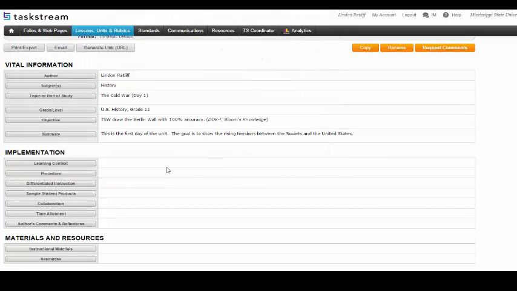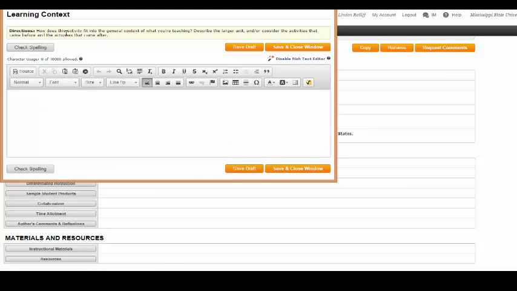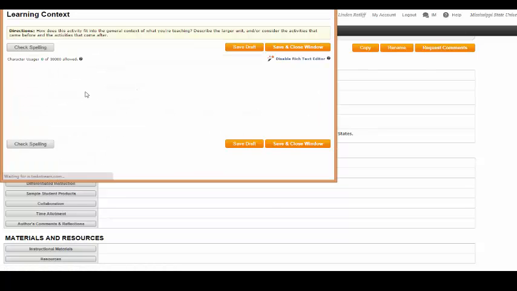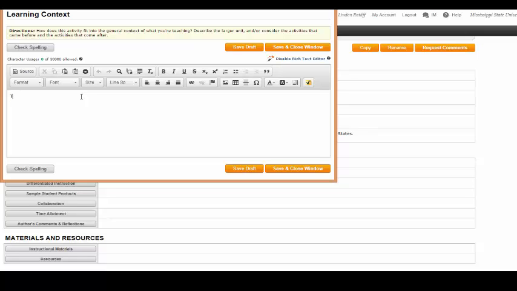There it is. Now, if you go in the learning context, it asks, how does this activity fit into the general context of what you're teaching? Describe the larger unit, or consider the activities that came before and after. You can leave this blank if you want to. What I would put is, this is day one.